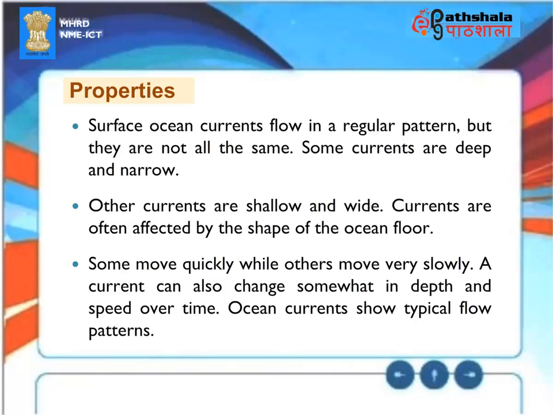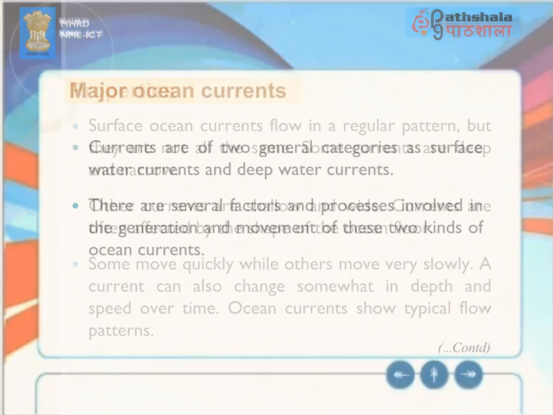Some currents are deep and narrow. Other currents are shallow and wide. Currents are often affected by the shape of the ocean floor. Some move quickly, while others move very slowly. A current can also change somewhat in depth and speed over time. Ocean currents show typical flow patterns.